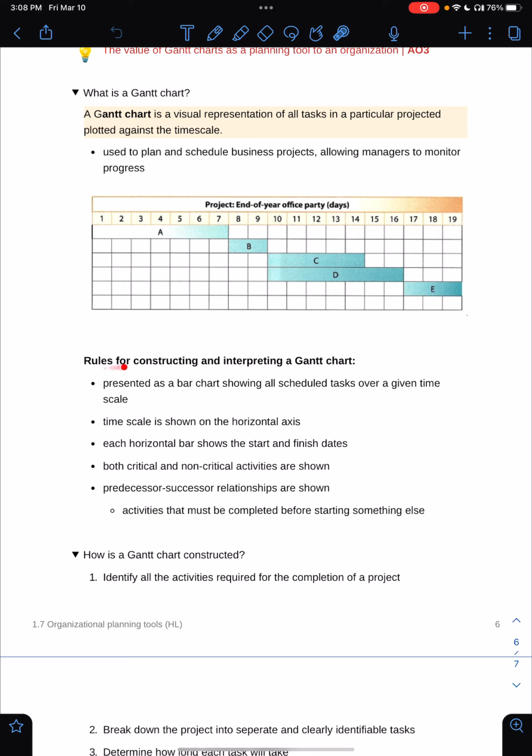And here are the rules for constructing and interpreting a Gantt chart. So firstly, a Gantt chart is presented as a bar chart showing all scheduled tasks over a given timescale. And the timescale is shown on the horizontal axis. And in this example, we can see that it ranges from the first day to day 19.